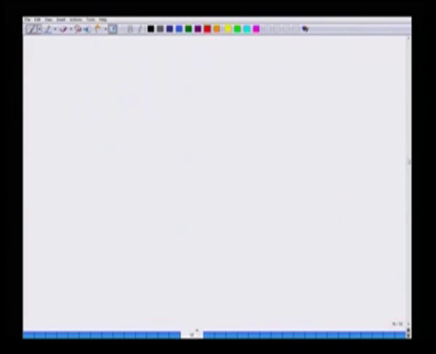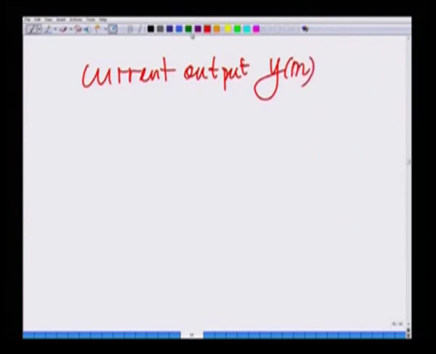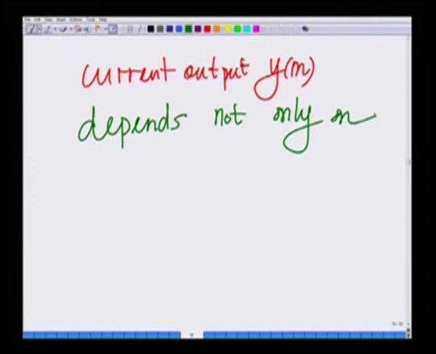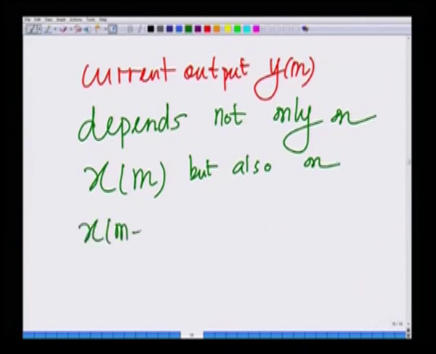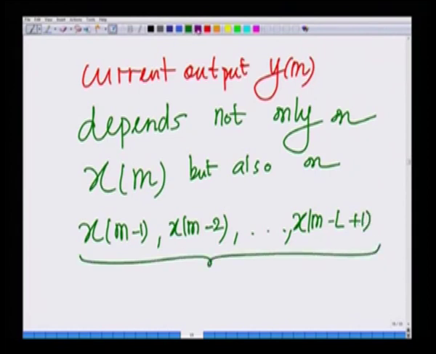So, it depends on not only the current input xm, but it depends on L minus 1 past symbols. Let me summarize this, current output Ym depends not only on xm, but also on xm minus 1, xm minus 2, so on xm minus L plus 1, that is, it depends on L minus 1 past symbols.